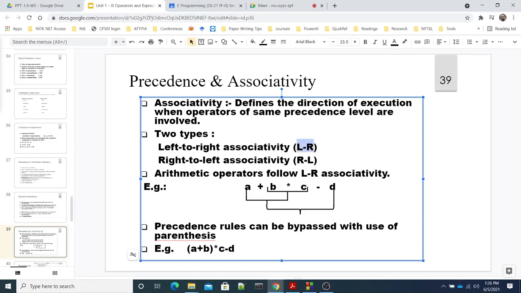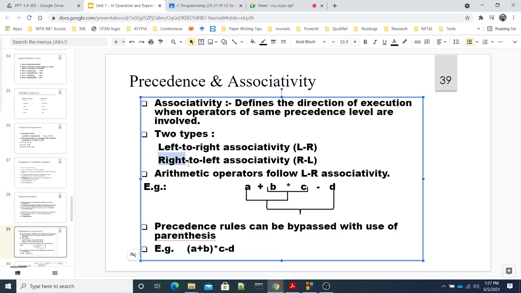That is what left to right associativity is. If two operators have the same precedence level, the operator on the left side should take place first, followed by the one on the right side. From left to right, it should be executed.